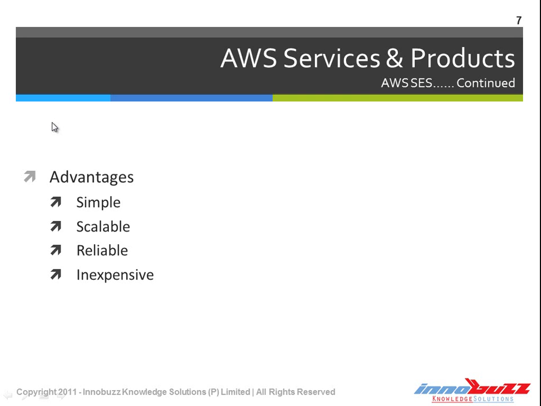So the sending process, the SMTP process, is happening at the AWS infrastructure, and so it is reliable since it has its operations deployed onto different availability zones, and it is inexpensive. As we know, SES is free up to sending 2,000 emails in a month, and after that it's based on the size of the email that we send and also the number of emails that we send. So that's all about SES under the app services.